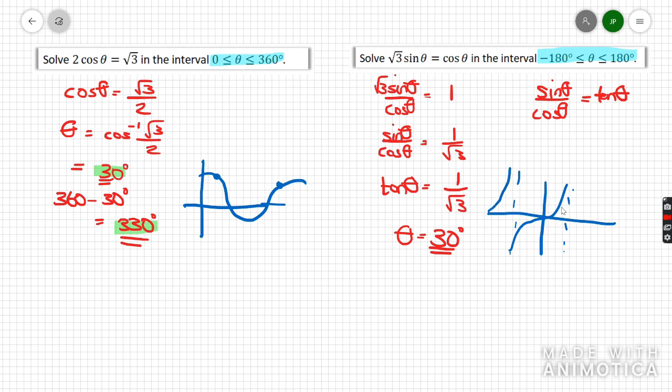If I've got one result at 30, my other result I'm after is going to be this one over here. Because if that's 180 here and that's minus 180, that's the one I'm after. So the one I want is 30 degrees up from minus 180. So I'll do minus 180 plus 30. So I get my second solution at minus 150 degrees.